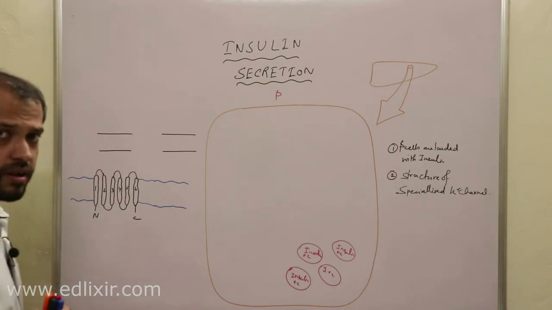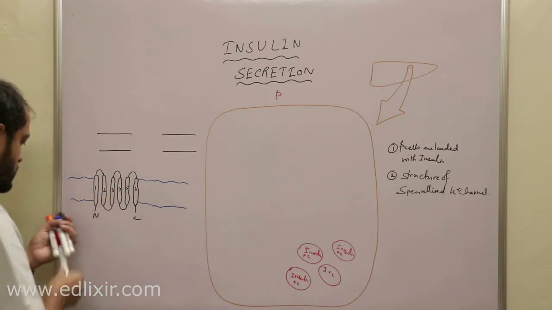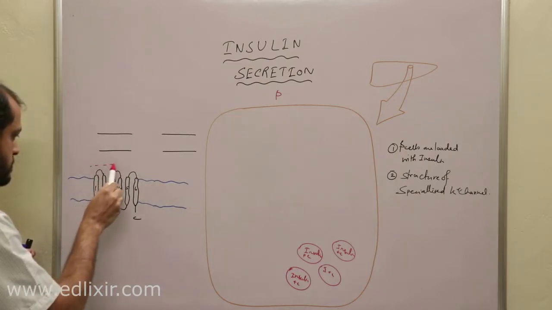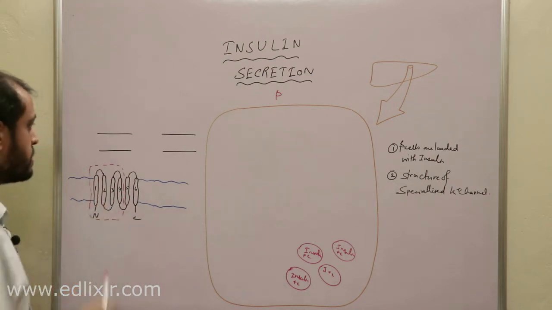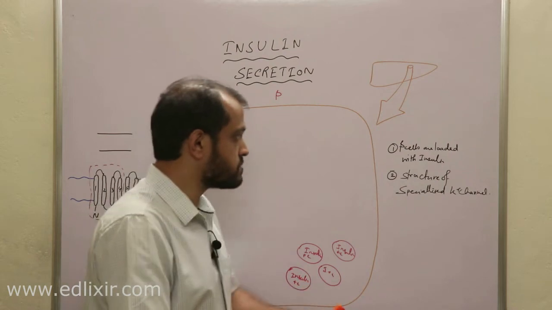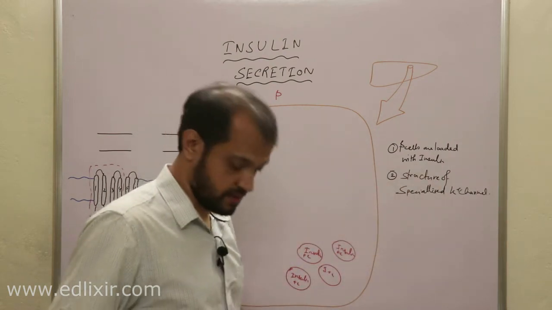A very important point you need to understand is this: the first four subunit of the potassium channel is absent in these specialized potassium channels which are loaded in the beta cell, right?